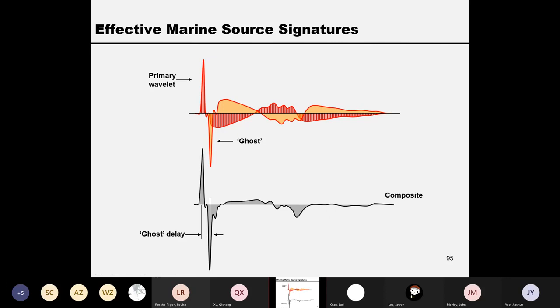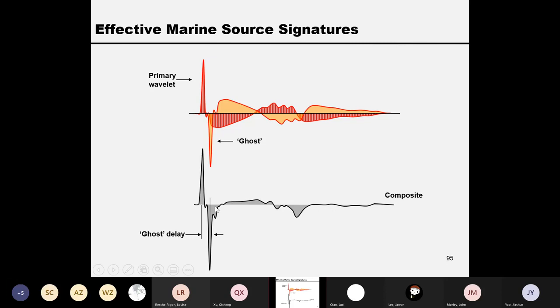Okay, so in data processing, one of the first stages of processing is called de-signature. What de-signature means is you try to somehow remove this and only keep that. In the latest stage, one very mature technology is called predictive deconvolution.